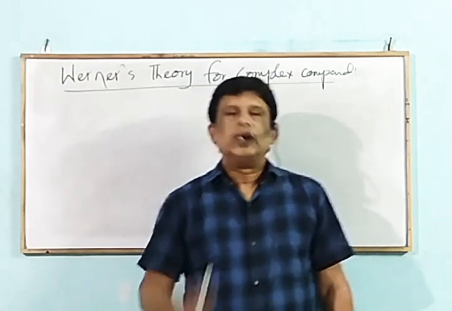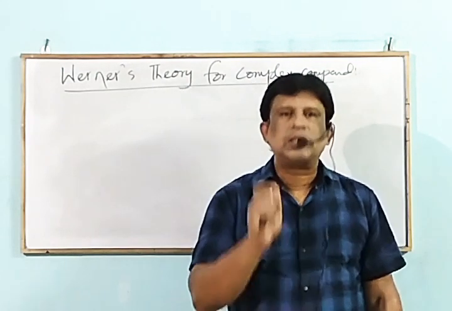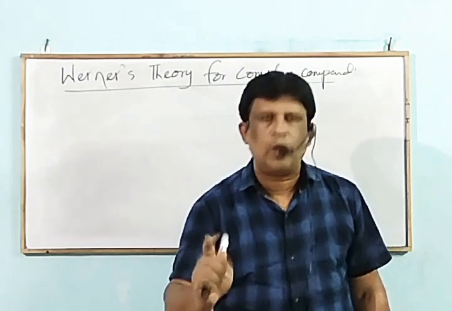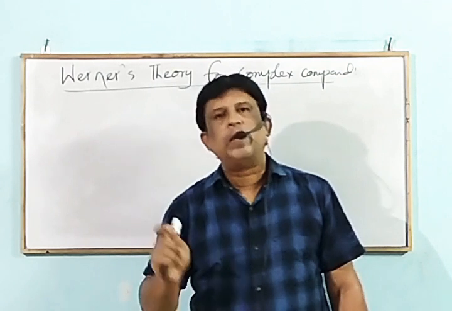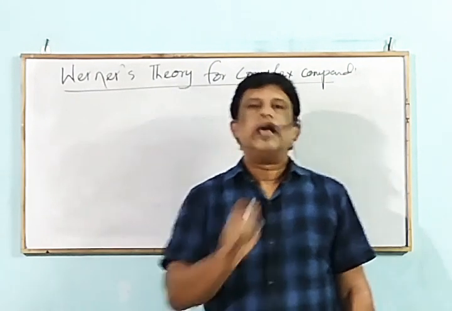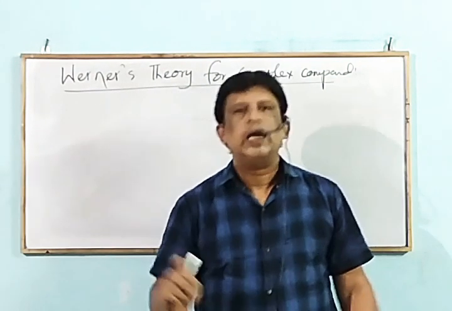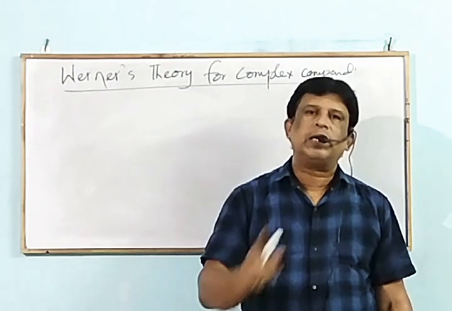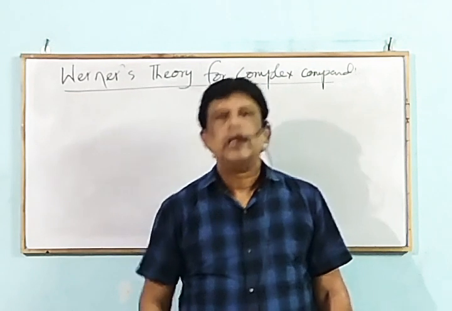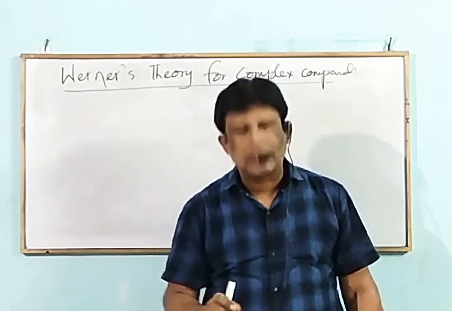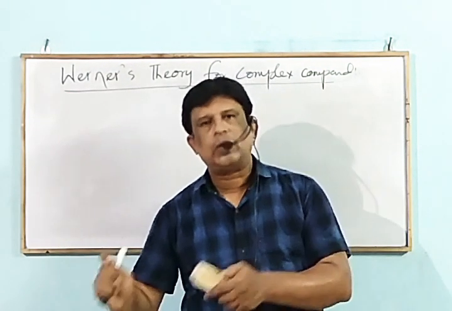I repeat again. The secondary valency, that is the coordination number, decides the geometry of a complex. It may be coordination number 4 or coordination number 6. If coordination number is 4, the expected geometry is either tetrahedral or square planar. On the other hand, if coordination number is 6, the expected geometry is octahedral.